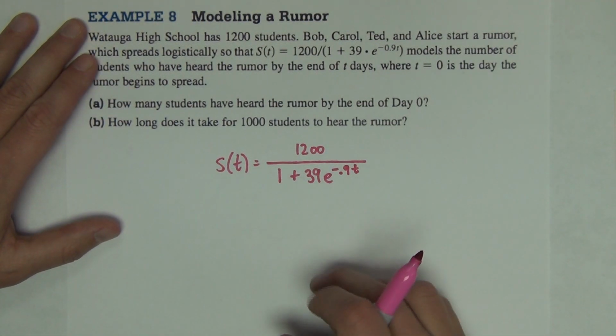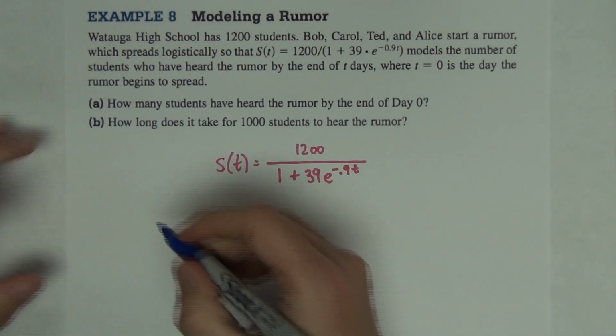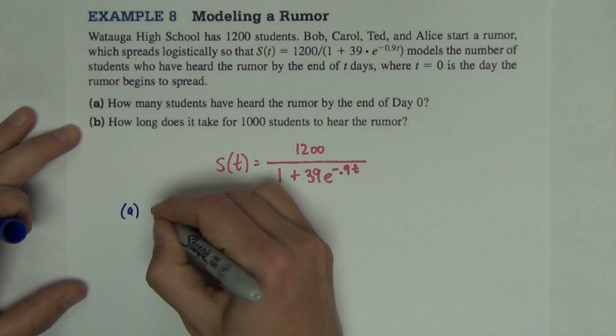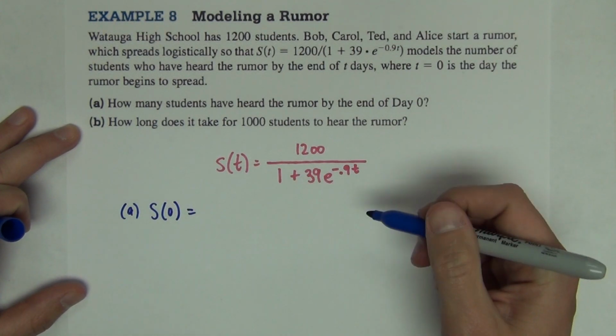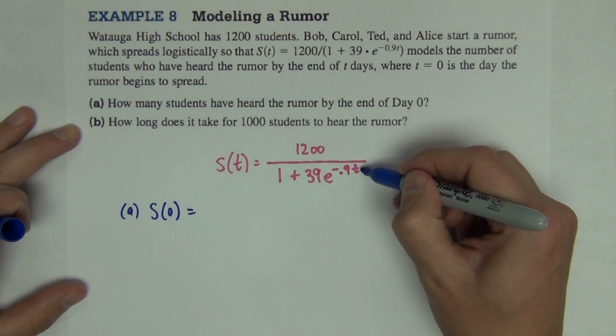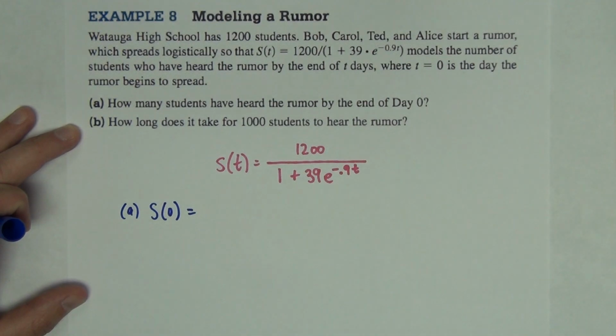How many students have heard the rumor by the end of day 0? Question A is asking us to find S of 0, which simply means putting 0 in for the t in the exponent and working that out. That's calculator work, so I'm going to do that on the calculator right now.